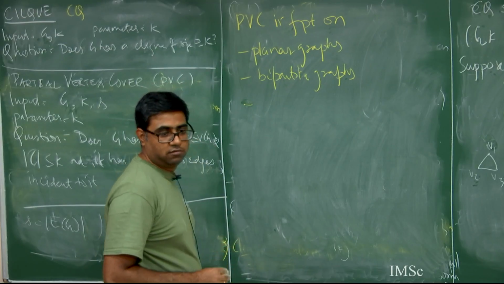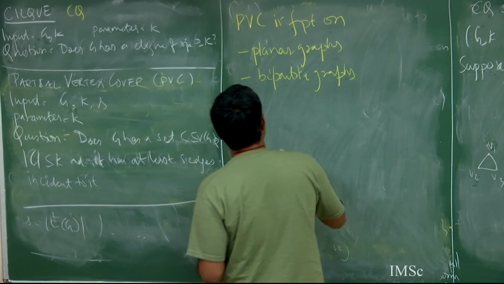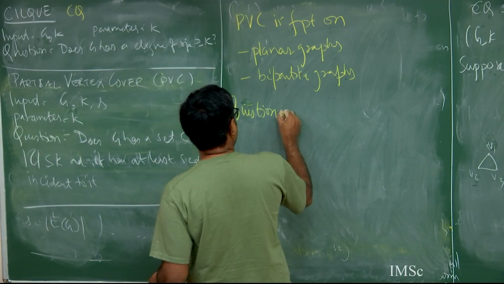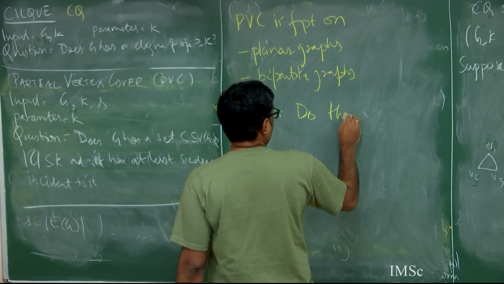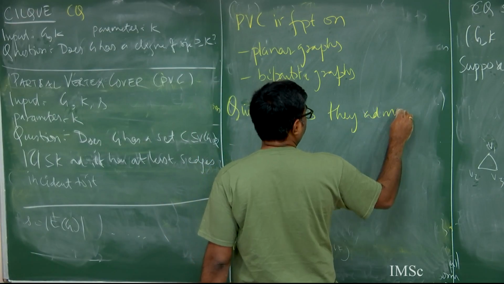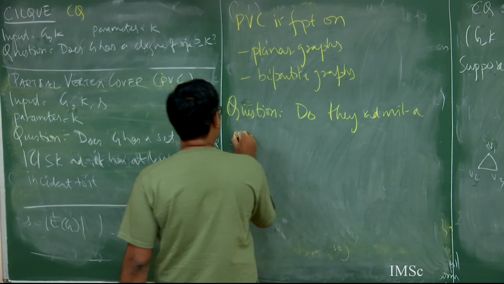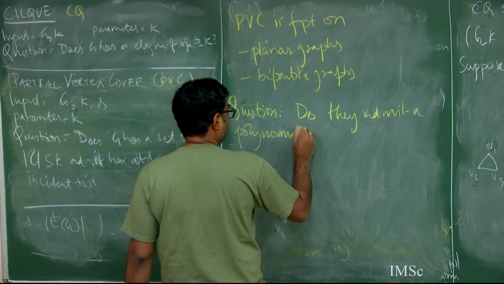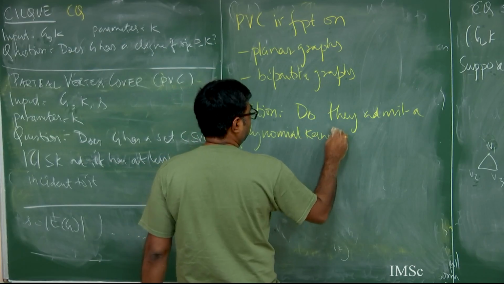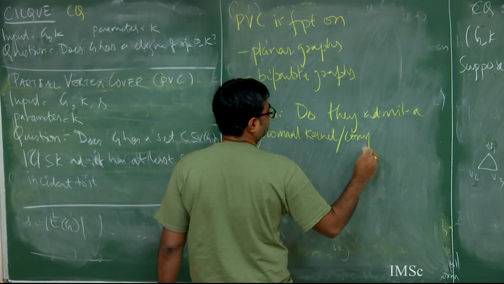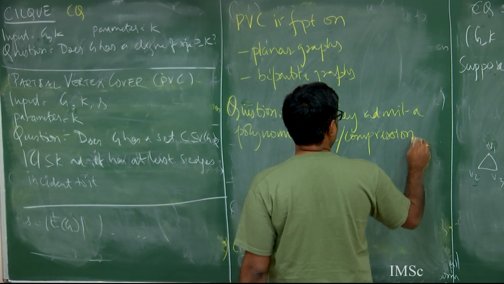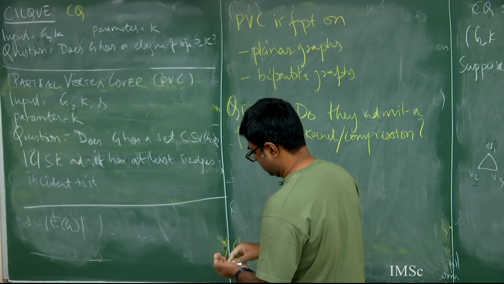And the question is, do they admit a polynomial kernel? Kernel, compression? Okay, it's an open problem.